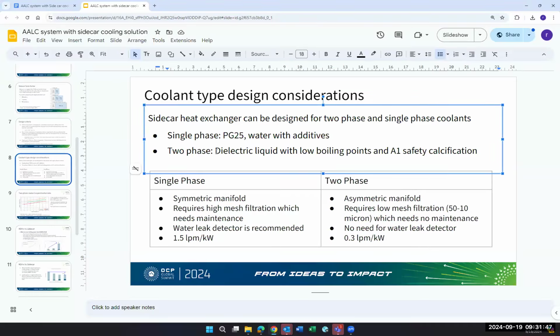We haven't stated any properties of the dielectric fluid here, except for having a low boiling point and having some A1 safety certification, or classification to the A1 envelope. Is there anything that we can add here? PG25 is water with additives, and those properties are almost publicly known.